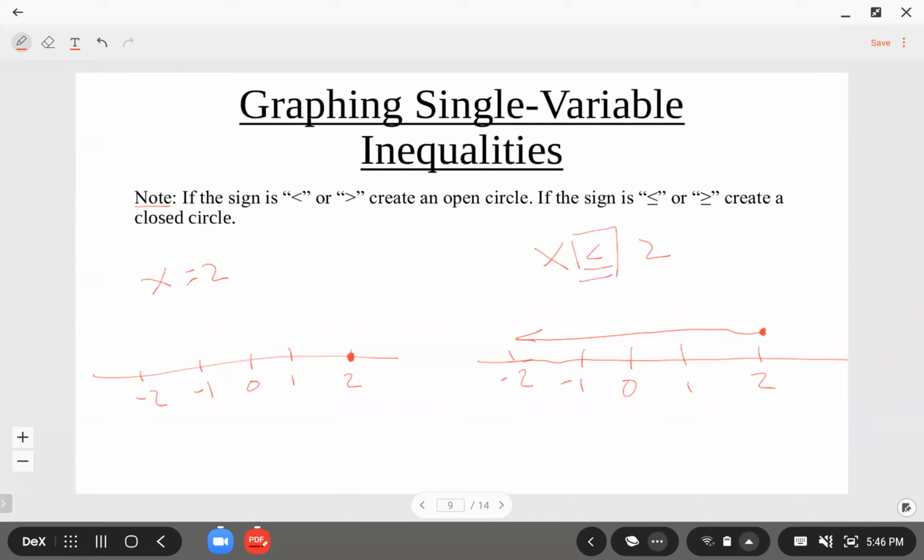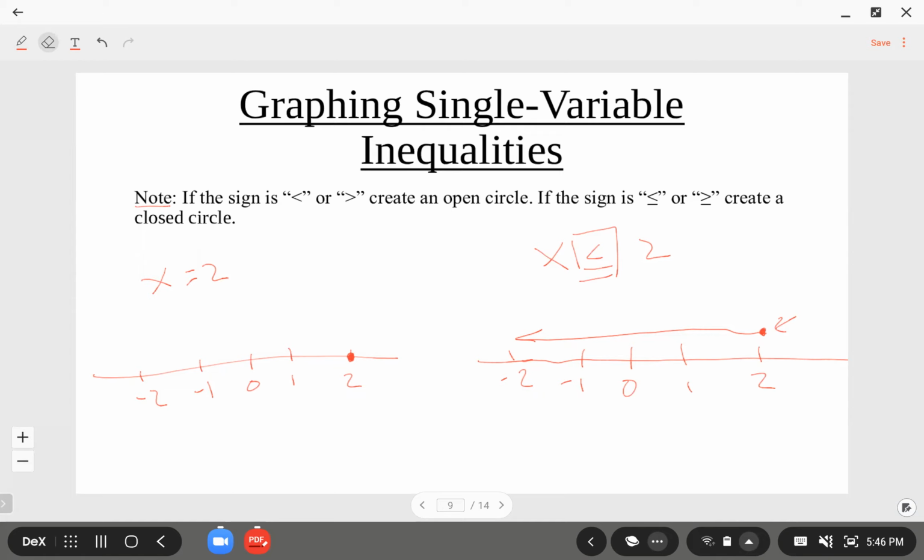In this graph, we have an arrow and we have this dot, this point. This signifies whether it is less than or greater than, or less than or equal to, or greater than or equal to. In this problem we had less than or equal to.